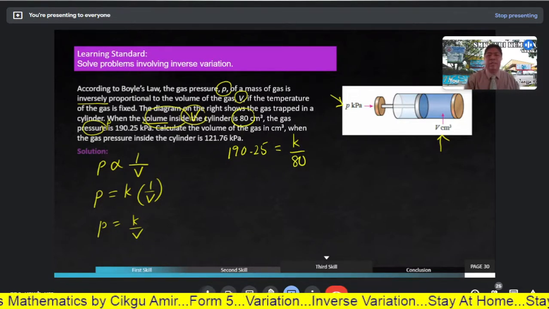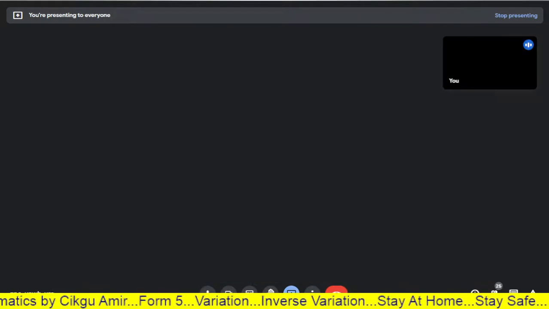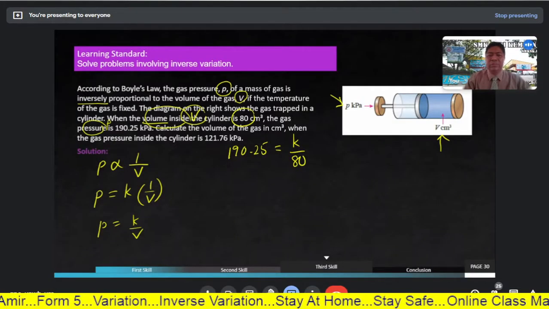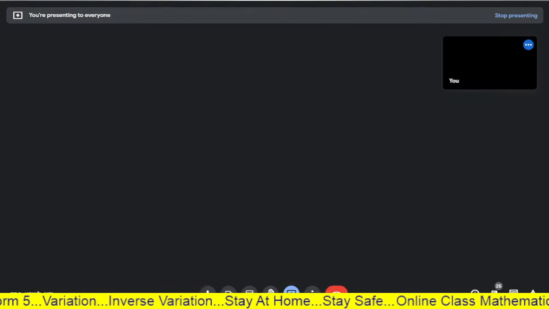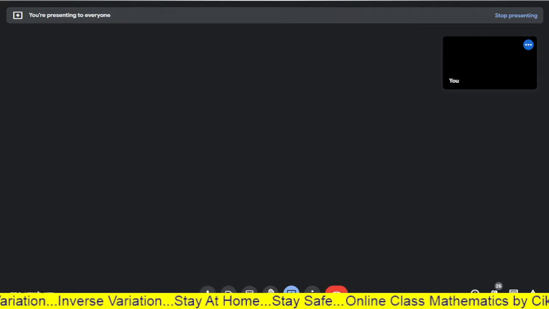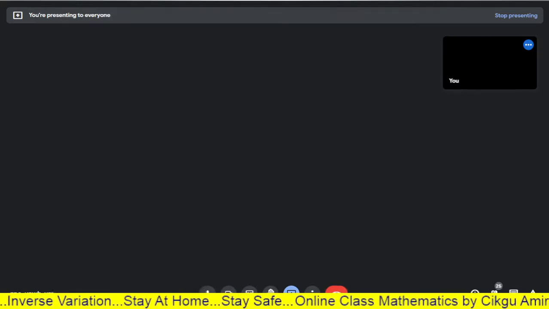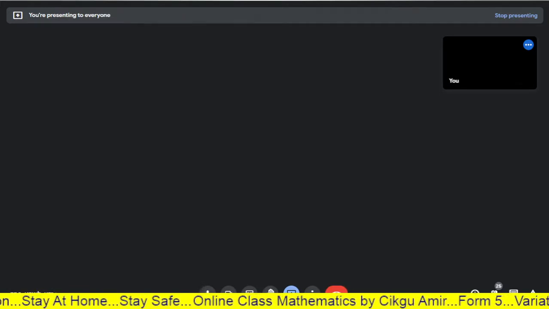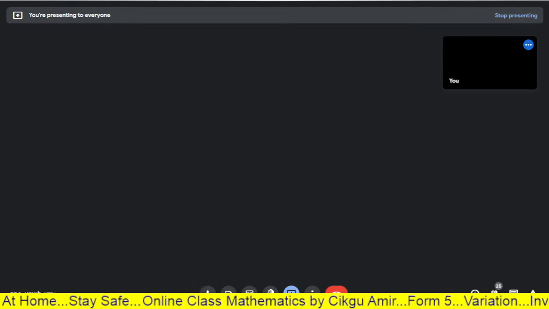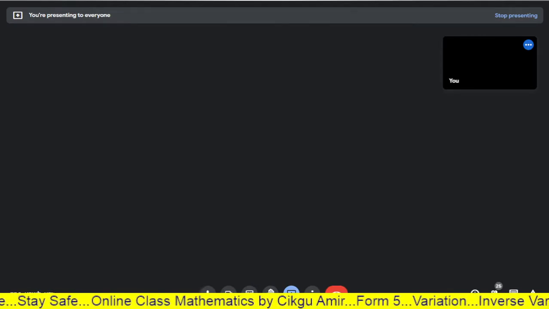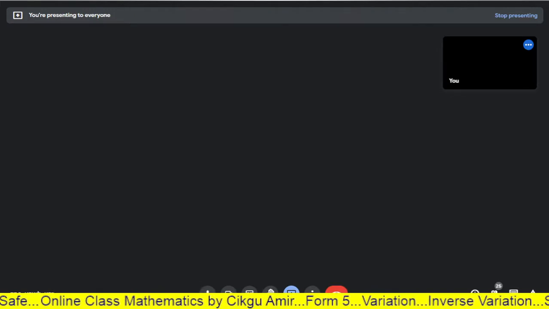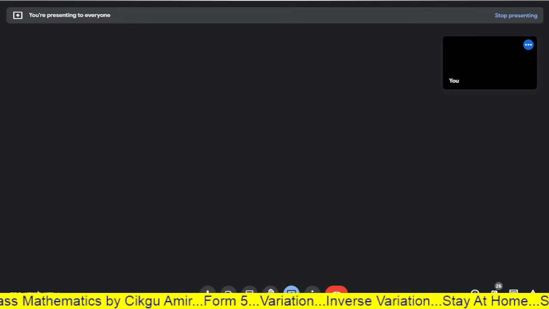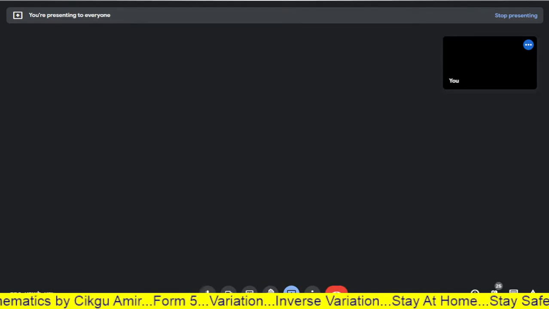Then we want to find the value of k. To find k, we move 80 to the left side. There will be 190.25 multiplied with 80. Why do we use multiply? Because this is divide. To the left side, you get multiply.